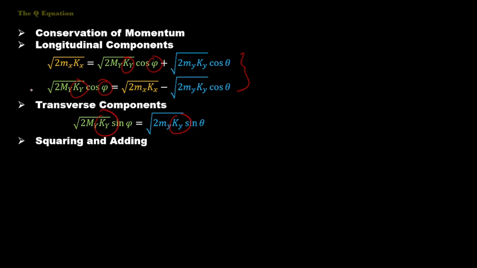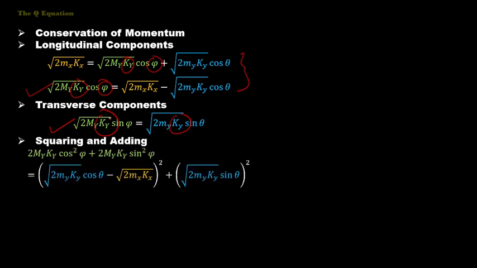We square both sides of this equation and then we add. We get this equation. The right hand sides are squared and added and the left hand sides are squared and added, and we get this equation. Now here this factor is constant, related to the daughter nucleus.